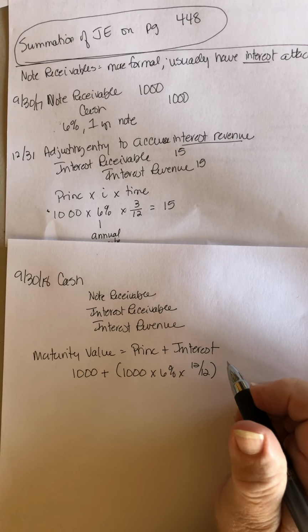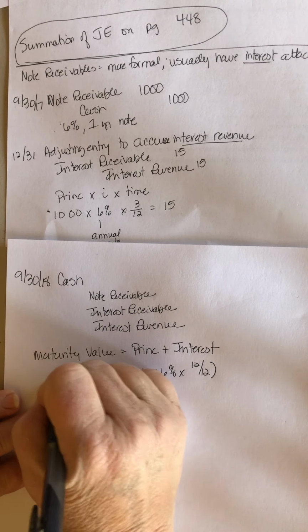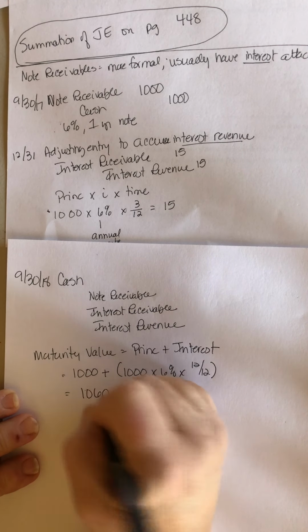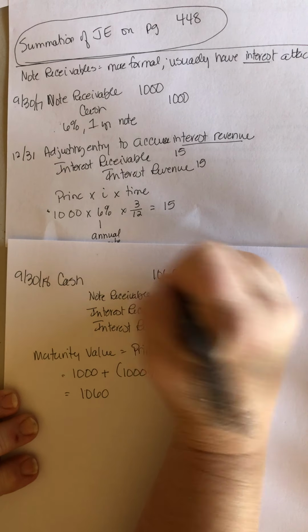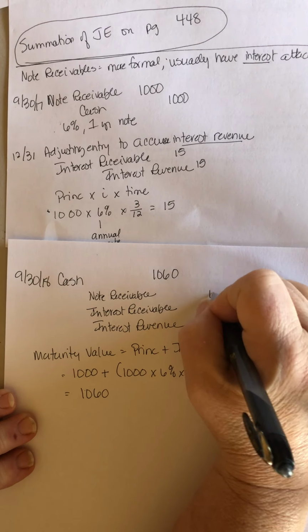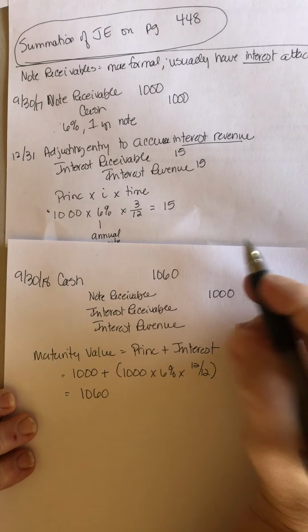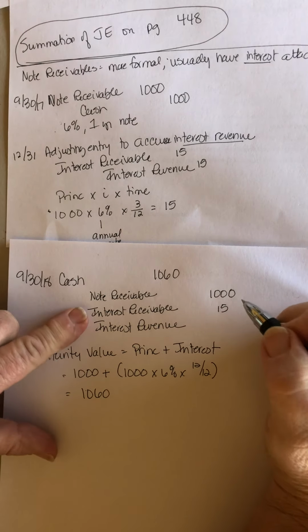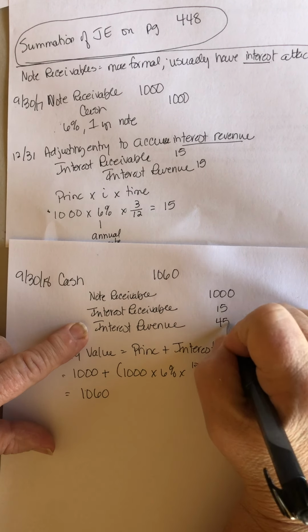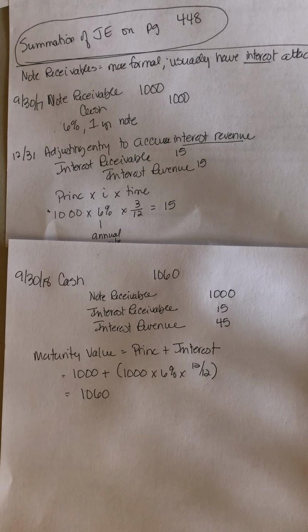So she's going to pay me $1,060. Her note receivable was for $1,000. We already recorded $15 of the interest as interest receivable, so the extra $45 goes into interest revenue.